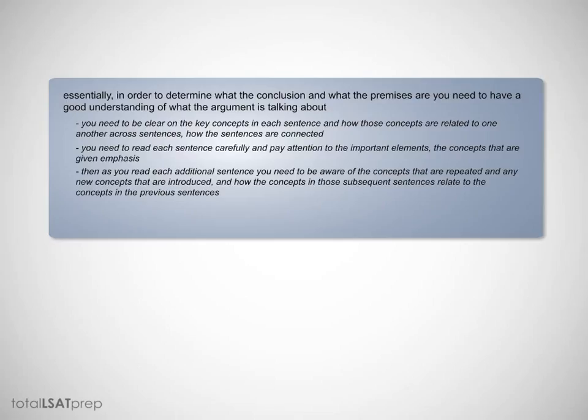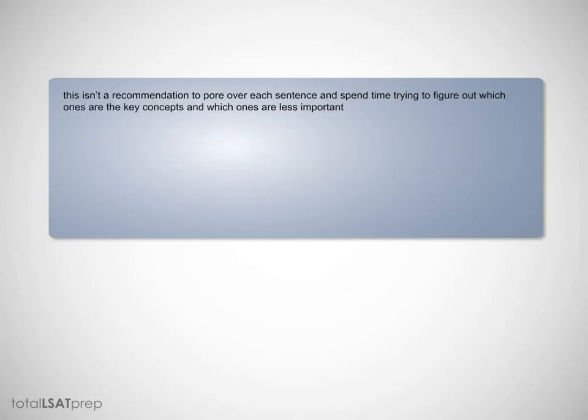The basic mechanism is pretty straightforward. You need to read each sentence carefully and identify the key concepts, then look for those concepts in the sentence that follows, and as you read the sentence, look for new concepts and determine the relationships between the old and new concepts. Now, this isn't a recommendation to pore over each sentence and spend time trying to figure out which ones are the key concepts and which ones are less important, or to stop after each pair of sentences and try to articulate the relationship to one another in abstract terms.